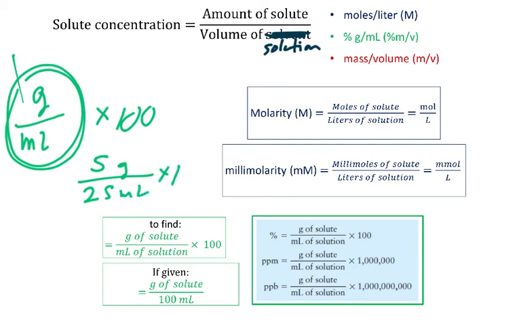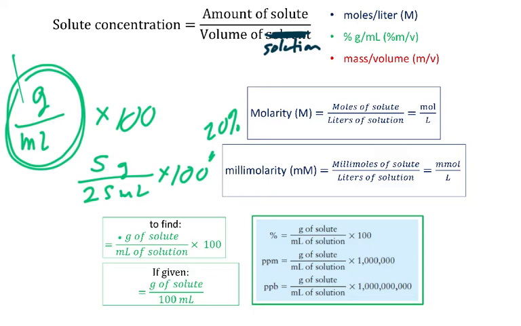And then 5 over 25 is 0.2. So that makes it 20%. So if you have information, like you know the grams, you know the volume, you take grams divided by milliliters times 100. But if you're given the percentage, then that's equal to grams over 100.